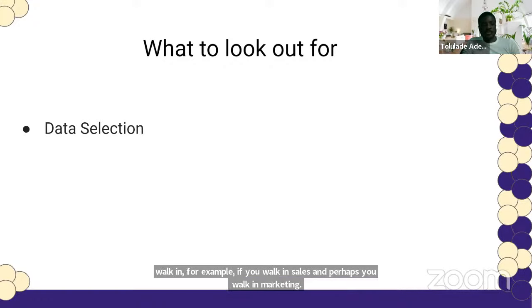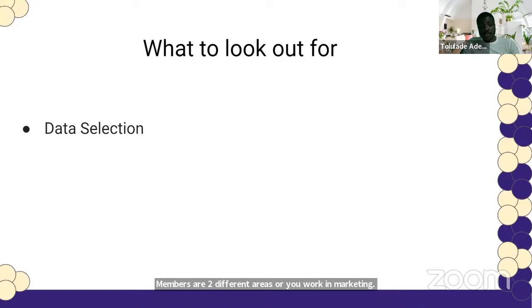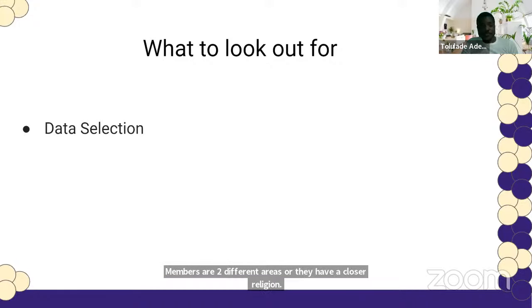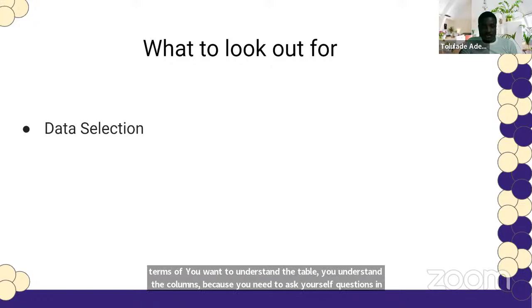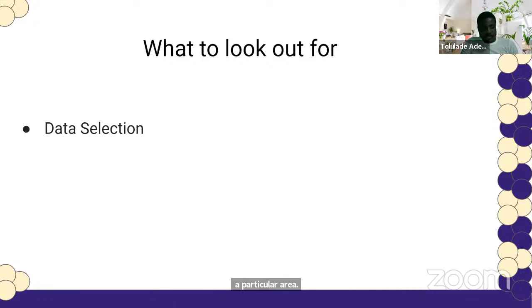You also want to understand your data, where it's coming from, and in terms of the table, you understand the columns, because you need to ask yourself core questions in that particular area. What particular data are we using? What are the meta attributes? What are the columns? What are the features, and all of that? You need to consider this before you begin your operation.